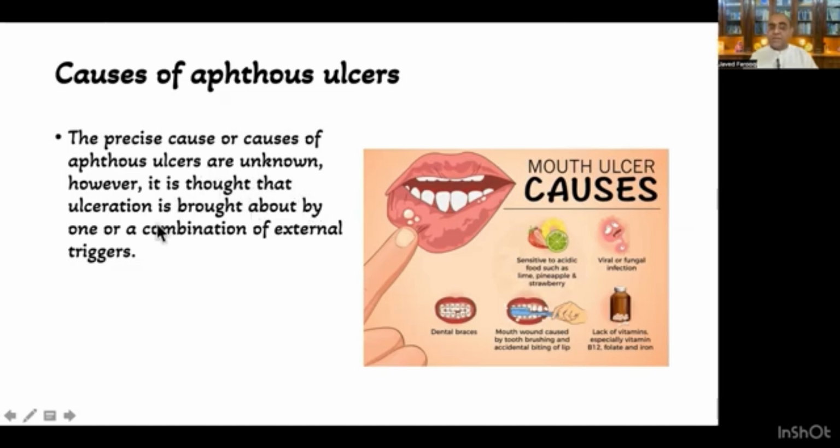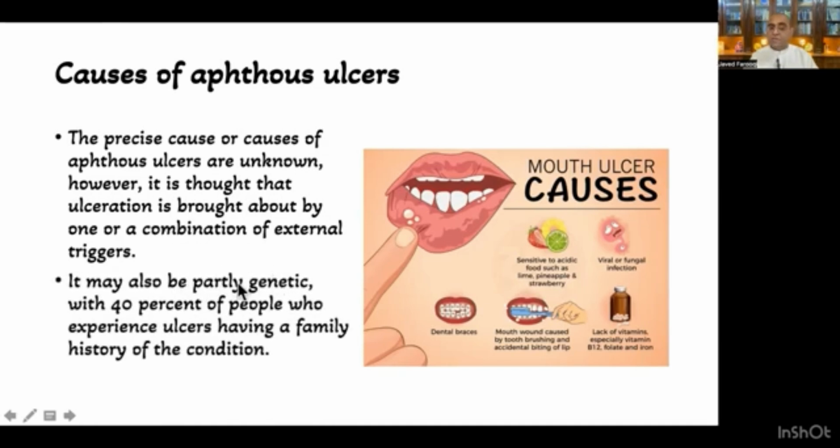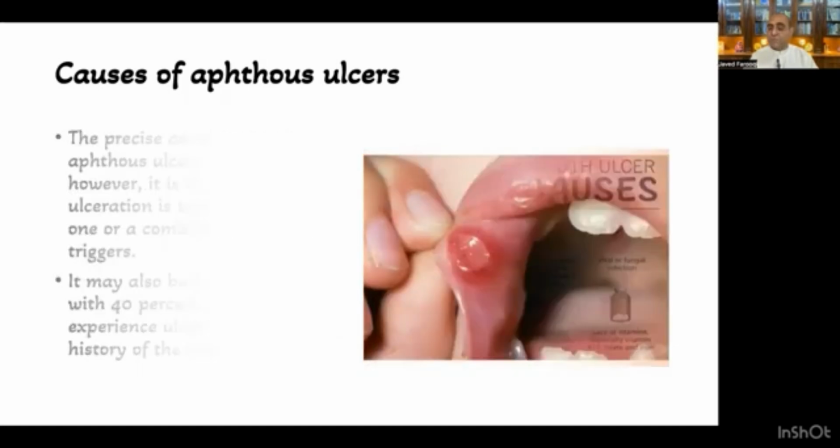However, it is thought that ulceration is brought about by one or a combination of external triggers. It may also be partly genetic, with 40% of the people who experience ulcers having a family history of the condition. So this is another predisposition, a genetic predisposition towards Aphthous ulcer development.